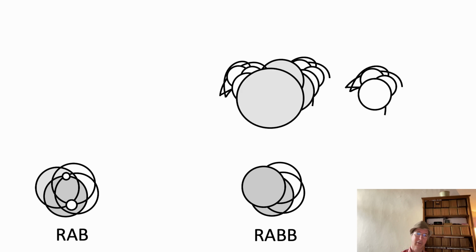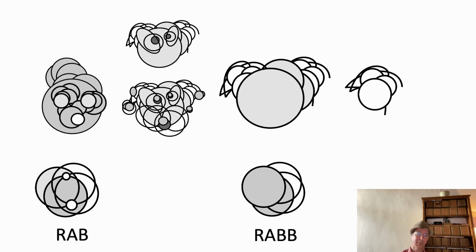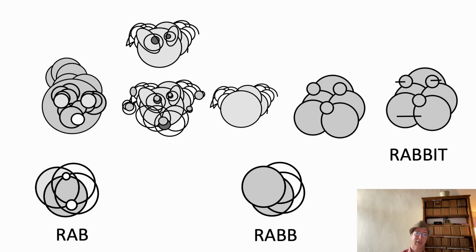If I start to multiply it a little bit, I get these forms. Does it look like a rabbit at all? The maximum I get out of it is this rabbit, which you have there on the top. So I assume that rabbit was not really a word originally used for a rabbit.